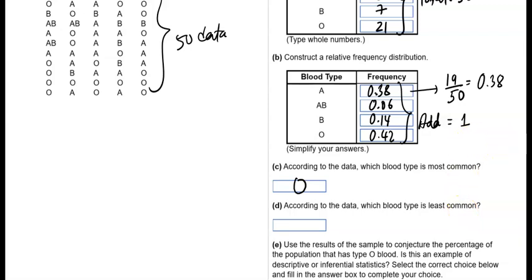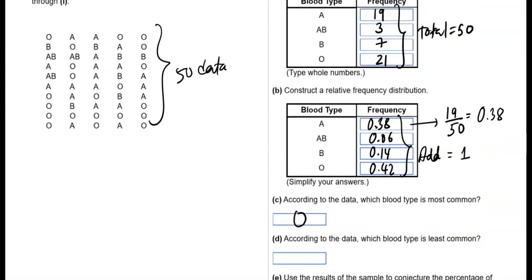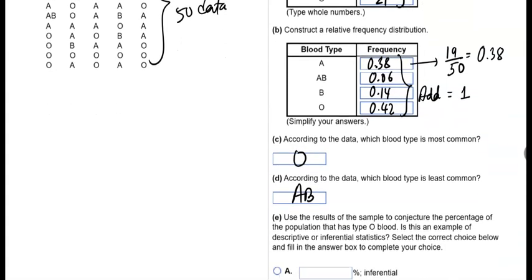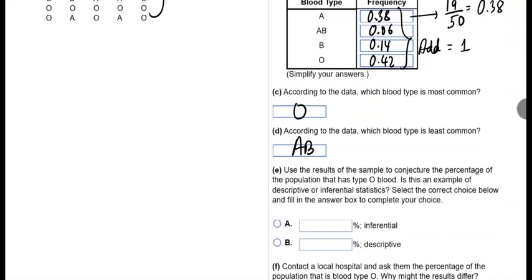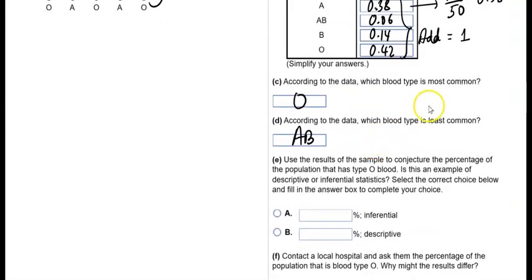That means which has the least frequency, which is AB. So you find the frequency and relative frequency distribution, and you answer which is most common and which is least common.